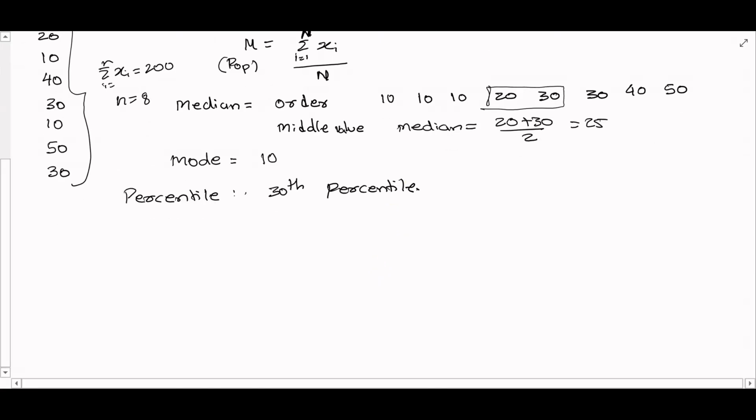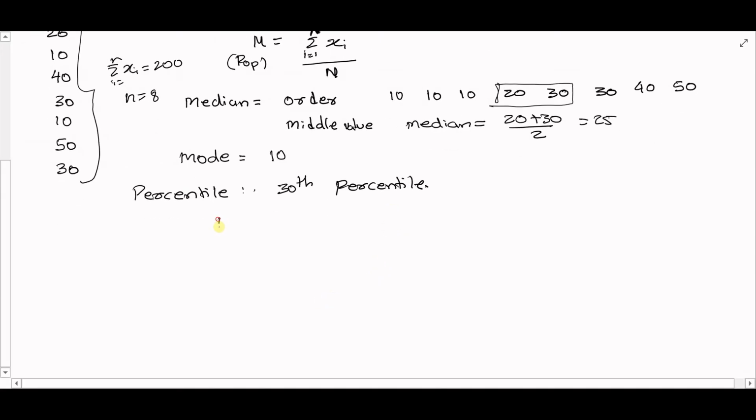To get that, we will have to get the index number where the 30th percentile is located. So we are interested in the 30th percentile, so the way one calculates the index number for that is by p over 100 multiplied by n. So in this case, the index number where the 30th percentile is located is given by 30 over 100 times 8. That will give you 2.4.